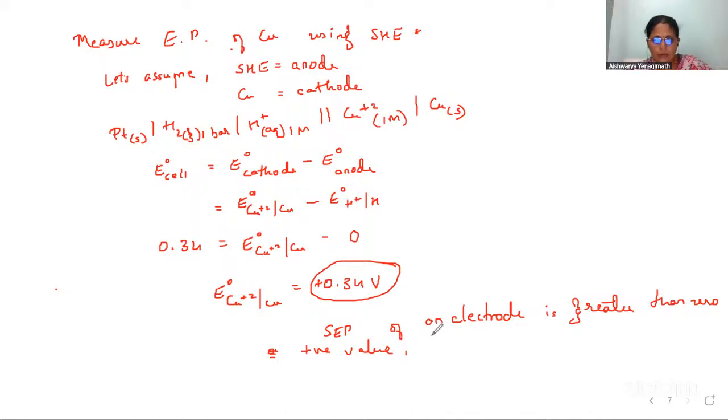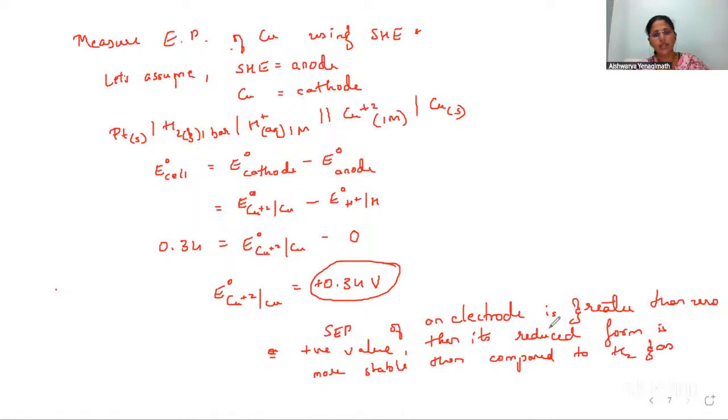It means its reduced form is more stable than compared to hydrogen gas.